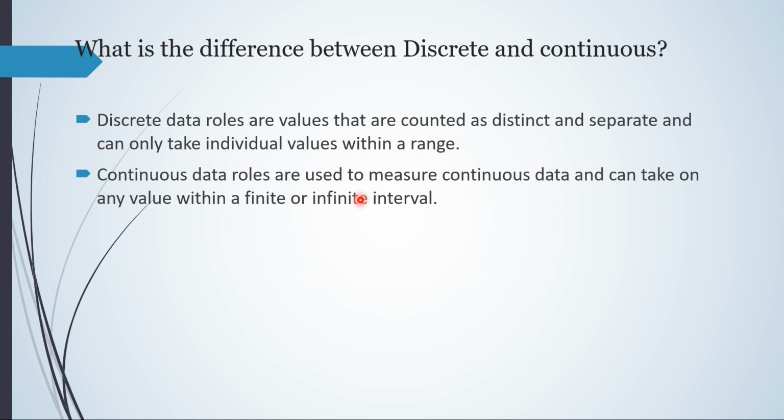And what is continuous? Continuous data roles are used to measure continuous data and can take on any value within a finite or infinite interval. Continuous means it is increasing in level, like the volume of water, or we can say age.